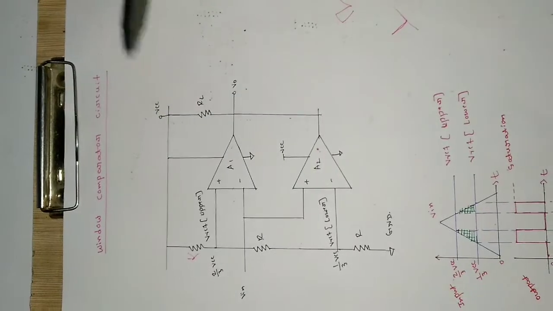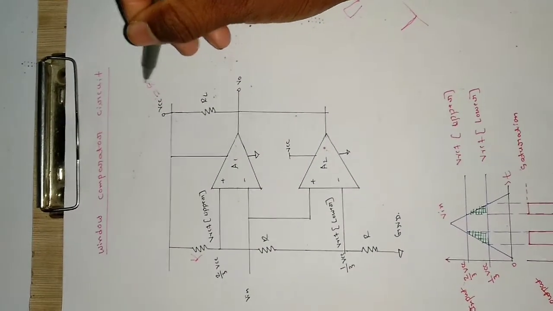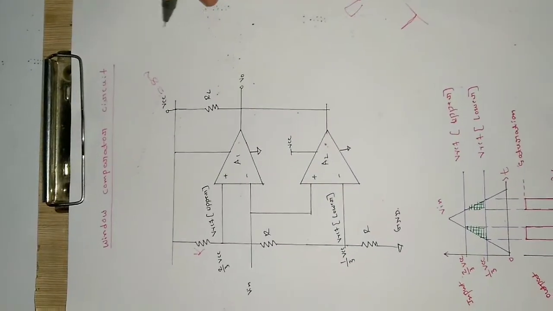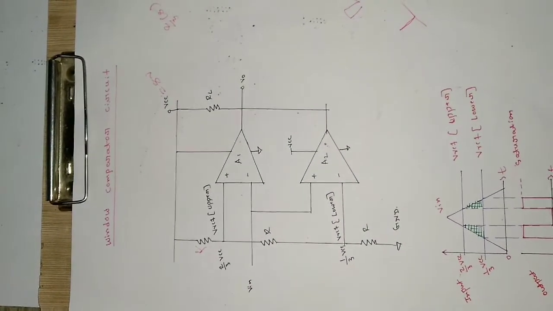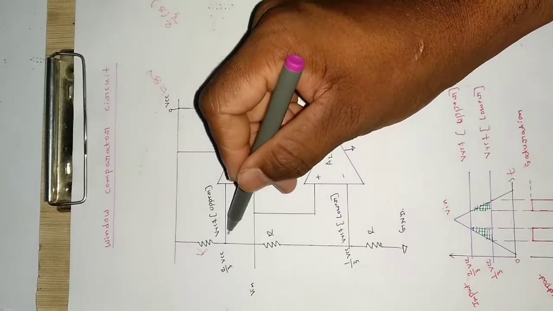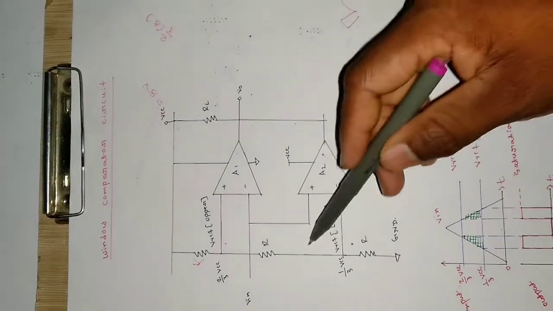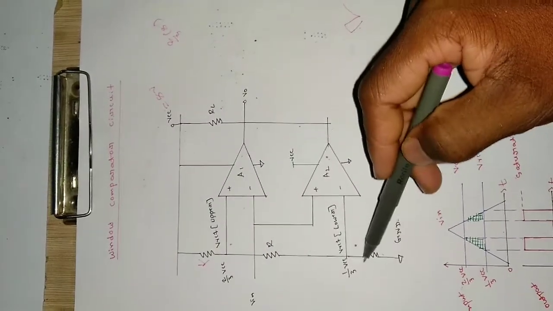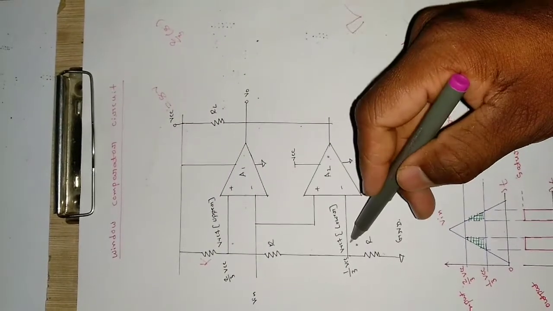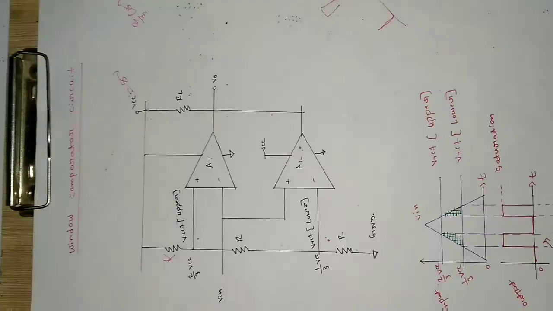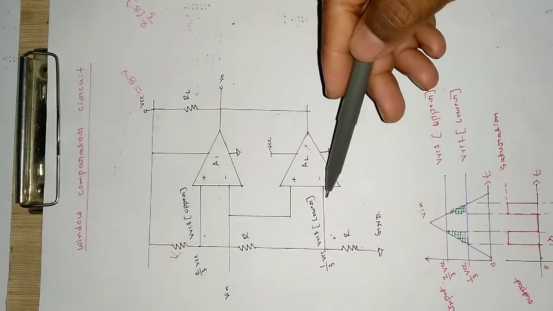If VCC is, let us say, 5 volt, then the voltage at this point will be two-third into 5 volt, and here the voltage will be one-third of VCC. By varying these two resistances, we can get one-third of VCC here. So this is the upper reference voltage, and this is the lower reference voltage.